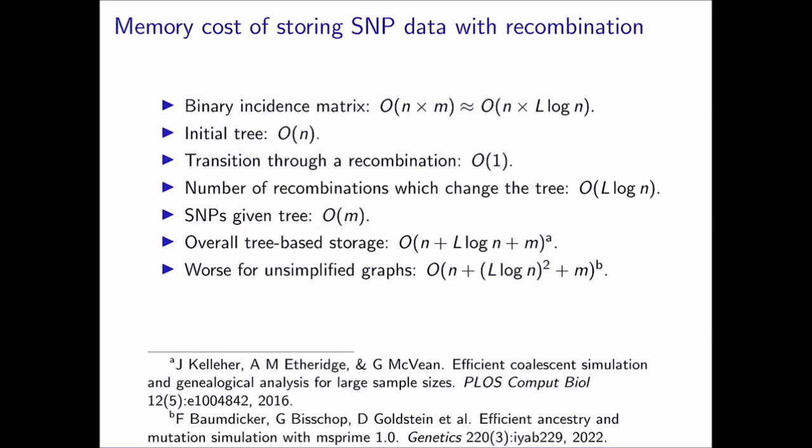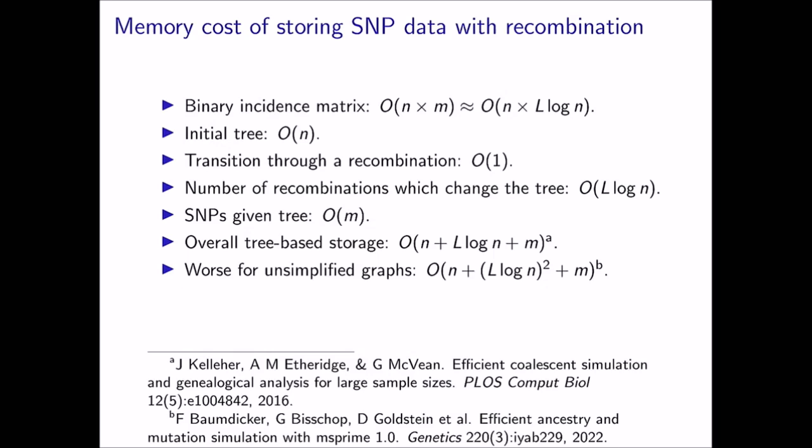Well, if I look at my simplified case, then it's known, I think Jotunhein's book is where these sorts of results originate from, that the number of recombinations which change the tree is an order L log n quantity, similar to the mutation, essentially the number of recombination events that you get along a single tree.